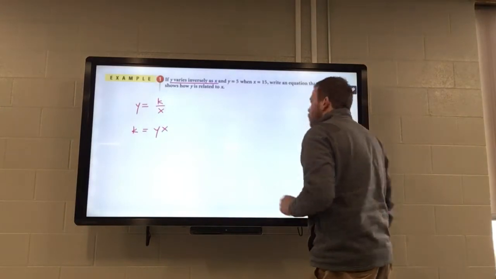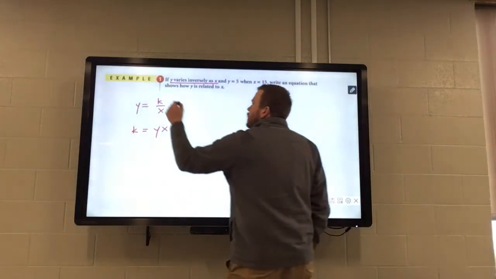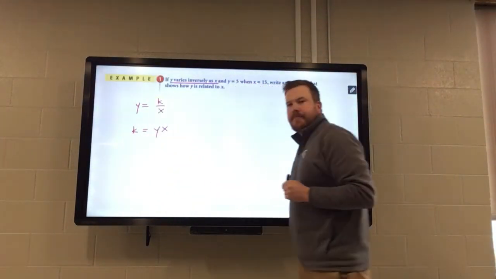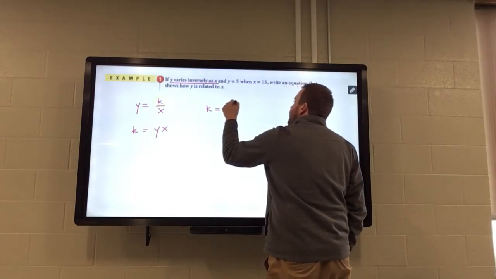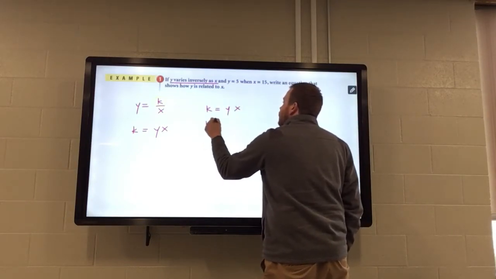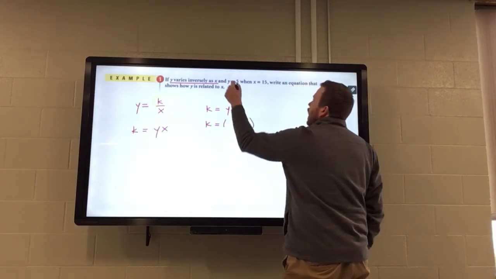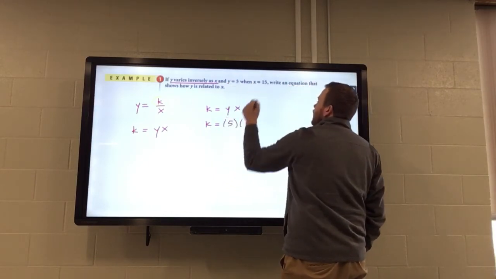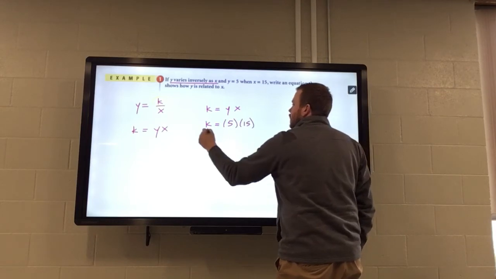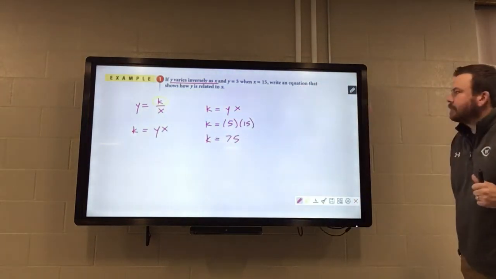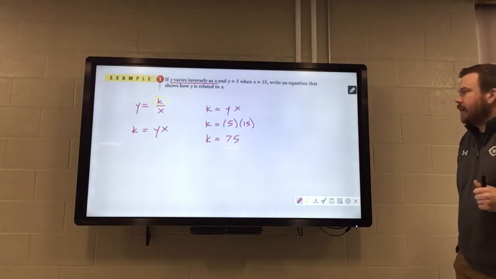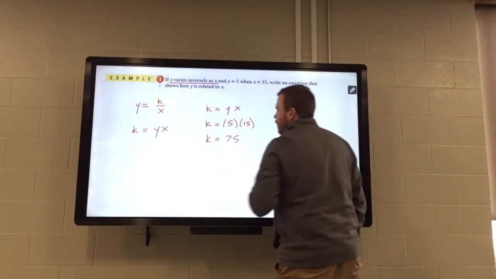To do that, we need to know k. So let's start by finding k. K is equal to y times x, or in this case, k is equal to y, which is 5, times x, which is 15. So my k will be equal to 75. Alright, so that's k. Great.